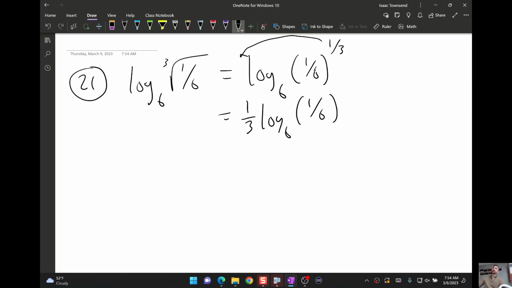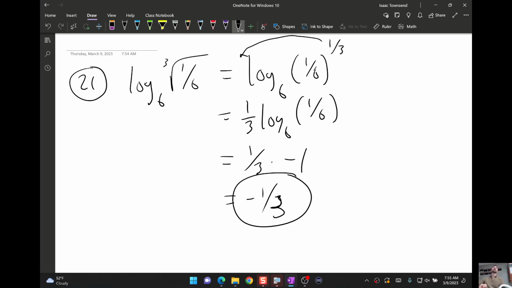And 6 to the first would give me 6. So if I want 1 over 6, I want this to be -1. 6 to the -1 is like 1 over 6 to the +1. So that's where you should end up with -1/3. You okay with that? Yeah. Okay.